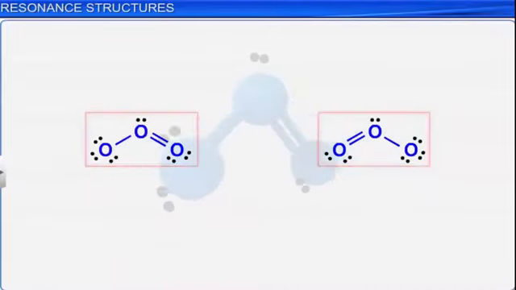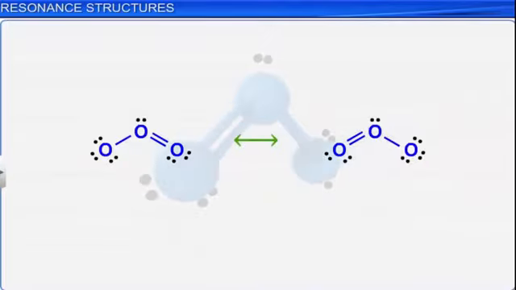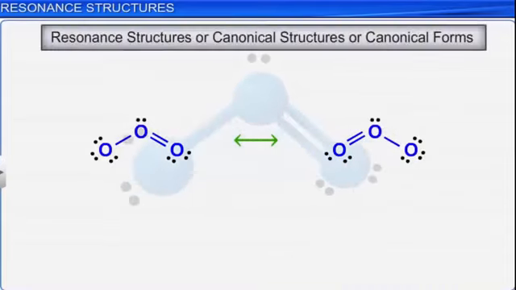If a molecule can be represented by two or more structures which differ only in the arrangement of electrons, then the molecule is said to be in resonance, and the set of several possible structures are called resonance structures or canonical structures or canonical forms.